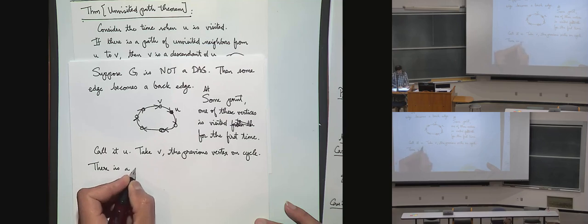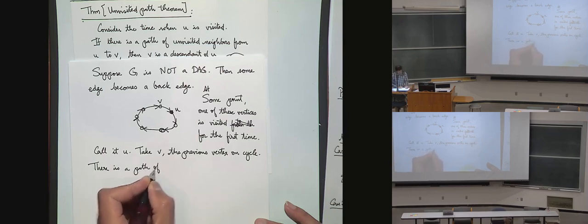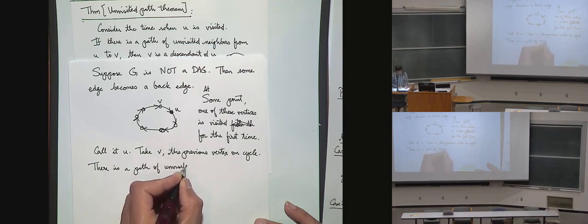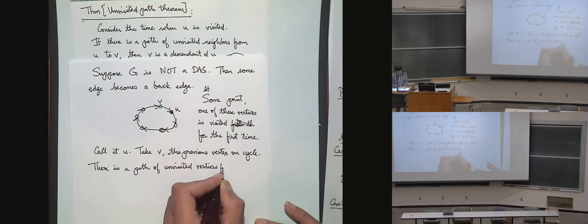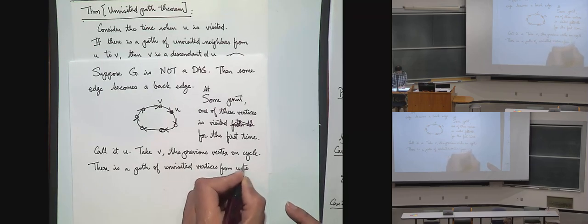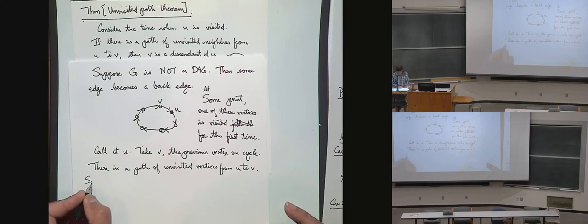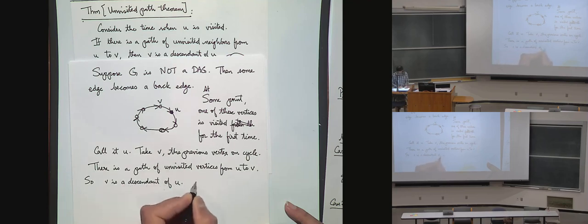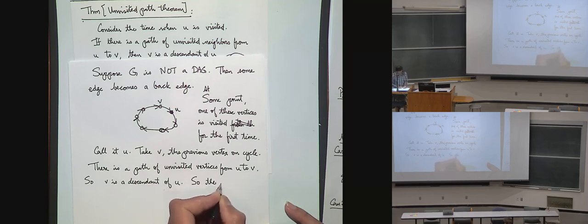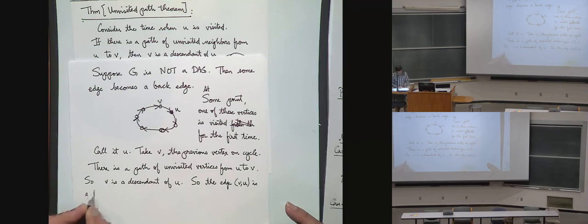There is a path of unvisited vertices from U to V. So V is a descendant of U. So the edge VU is a back edge, and that's it.